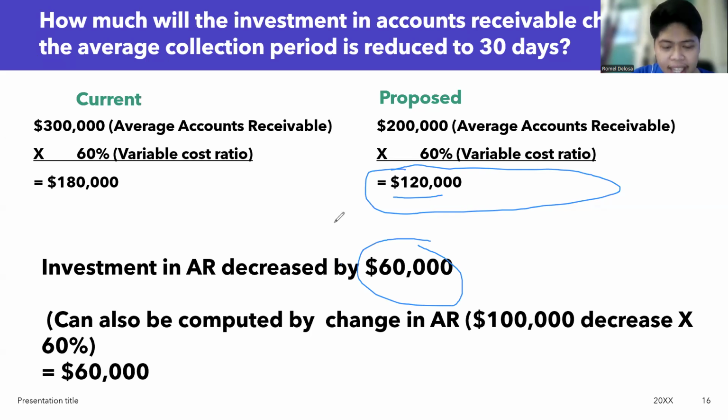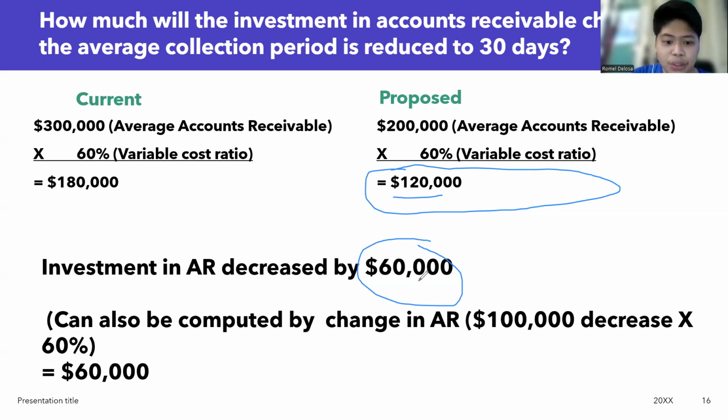Ito na yung free cash na pwede mo nang gamitin sa ibang bagay. This is the amount of cash that you can use for other purposes kasi nga nakokolekta mo na siya ng earlier because of the proposed credit policy. So that's why investment in AR decreased by $60,000.